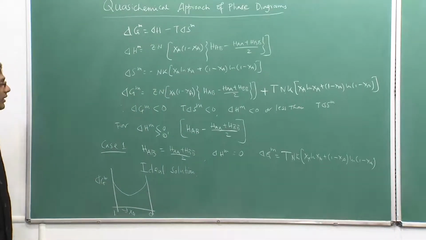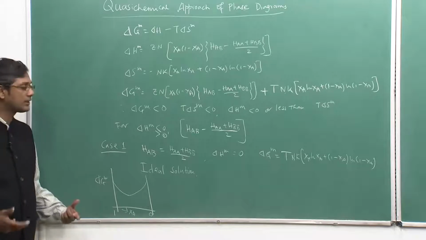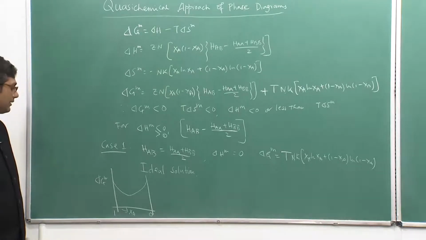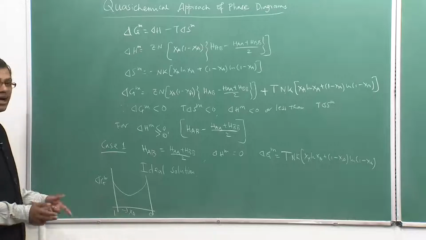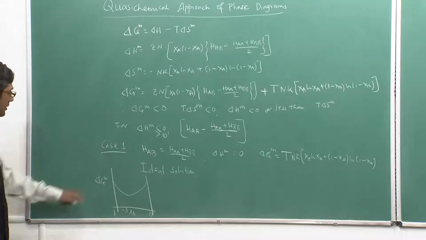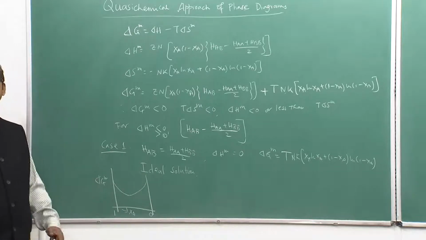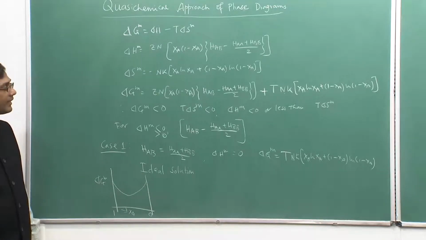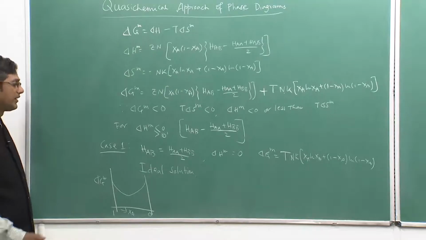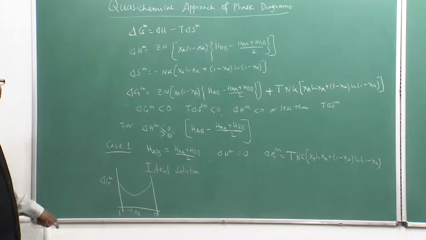It does not matter whether the temperature is low or high, the concentration of A is low or high, it does not matter at all. This is the situation for ideal solutions. That is why ideal solutions are always stable at any temperature and any concentration of the elements present. So this is case 1.